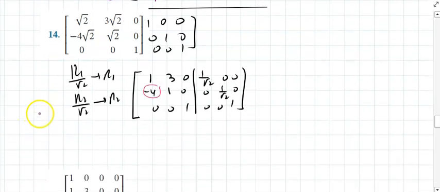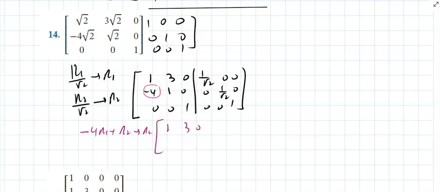So if I take -4 row 1 plus row 2 in row 2, 1, 3, 0, 1 over radical 2, 0, 0, multiply by a 4, that's -4, -12, and that is 0, -4 over radical 2, 0, 0. If I add those two, that's a 0, that's a -11, that's a 0, that's -4 over radical 2, 1 over radical 2, 0, and this remains the same.